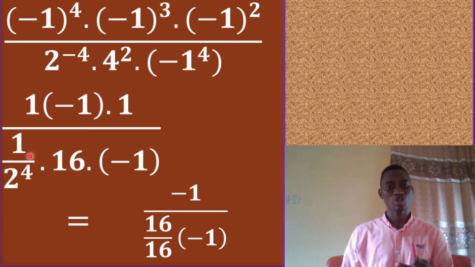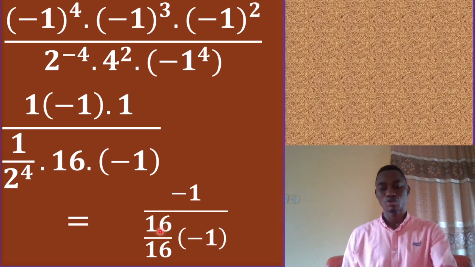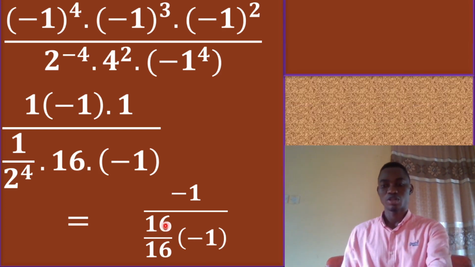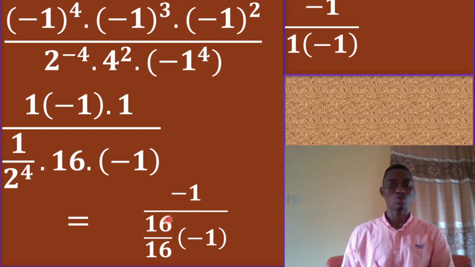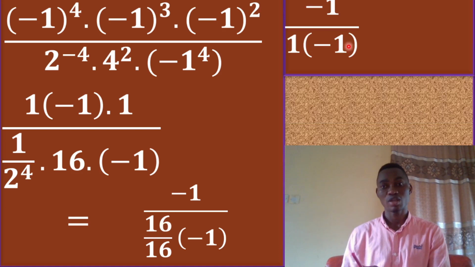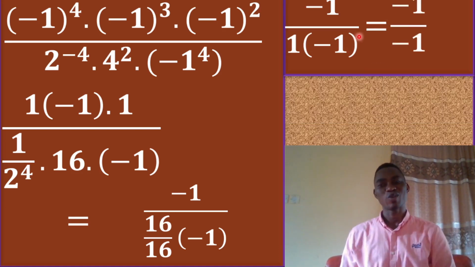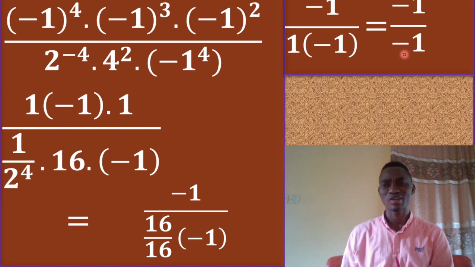Then we can express 1 over 2 power 4 times 16 as 16 over 16. Then we are bringing this minus 1, okay, to multiply our result. So what we have now is minus 1 over 1 times minus 1, okay? And that gives us minus 1 over minus 1, okay?